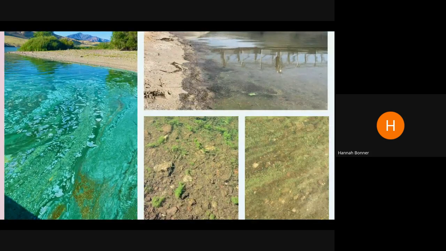There can be a wide variety of appearances, though, when it comes to these blooms. The image on the left is another really dramatic one. Once again, you're seeing that bright blue-green color and a really distinct surface scum. But sometimes this can be a lot more subtle. The images on the right show more of a green color. The top right, there is again a surface scum.